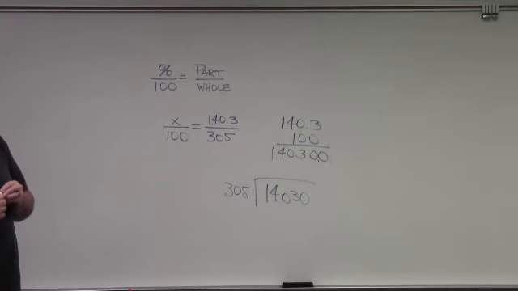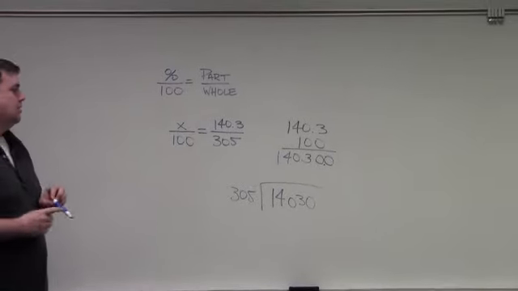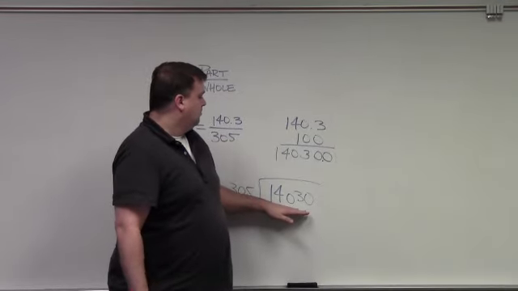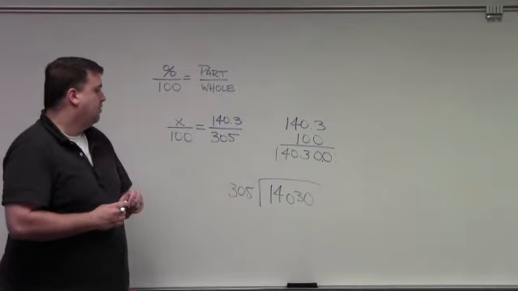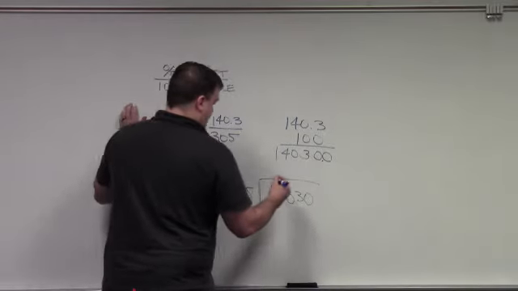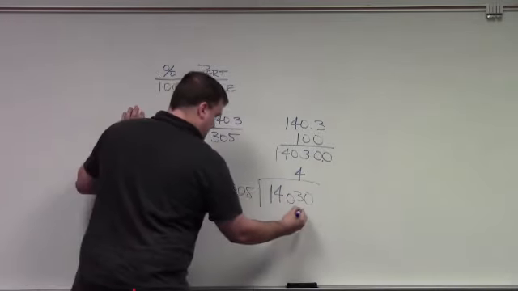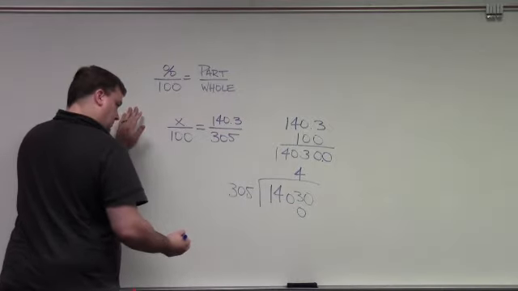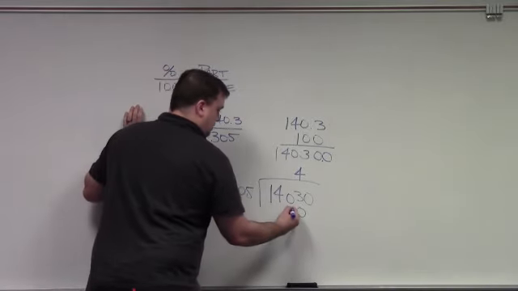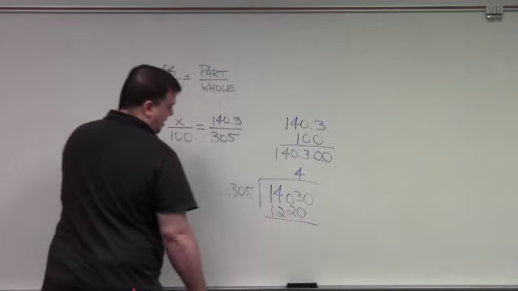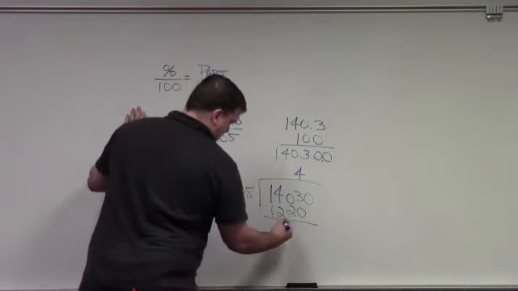You don't have to worry about moving decimals, worrying about whether I have the right answer. So 305. How many times can that go into 1403? 4 times 5 is 20, and I subtract that.